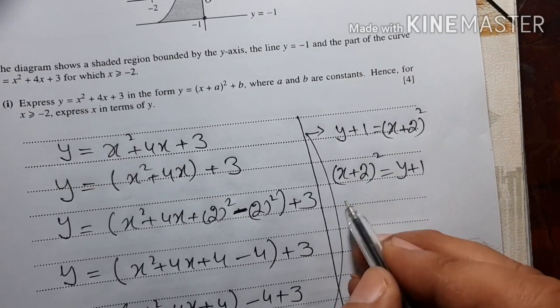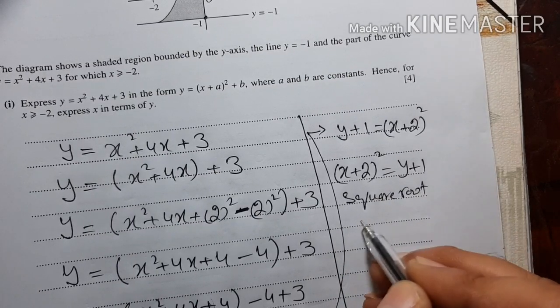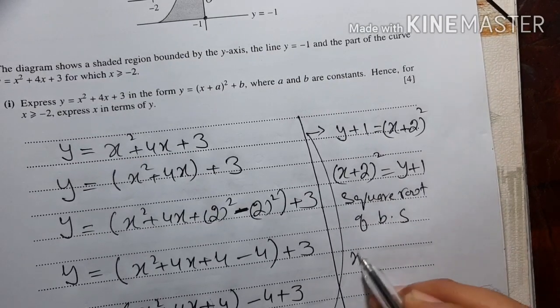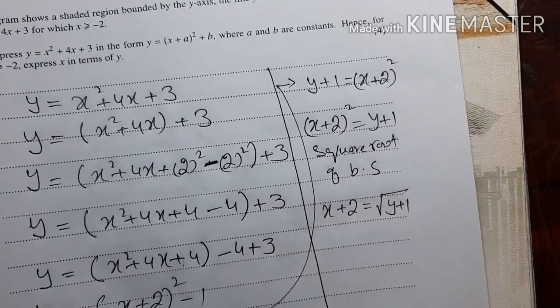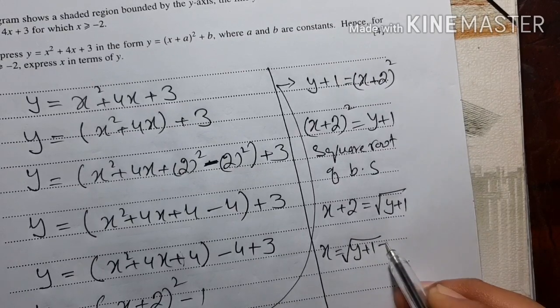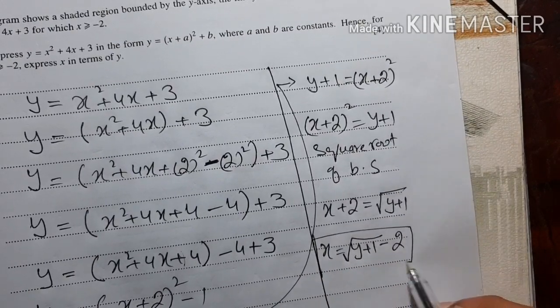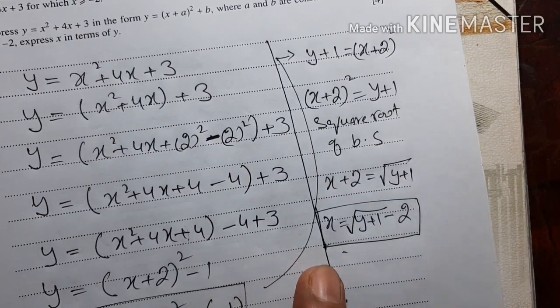Take the square root of both sides. So x + 2 = √(y + 1), or x = √(y + 1) - 2. This is the expression I'll use next, but I'll use x².